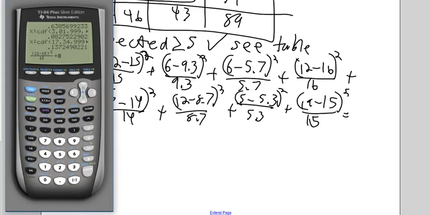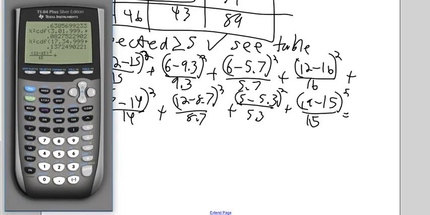Second one is 6 minus 9.3. So alpha, y equals, enter, parentheses, 6 minus 9.3, parentheses, squared, go down, 9.3. Go right arrow, hit plus, alpha, y equals. Same thing over and over, just go slowly, please. So 6 minus 5.7 in parentheses. Go down, 5.7.